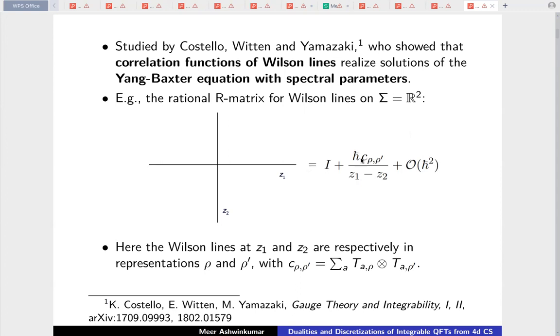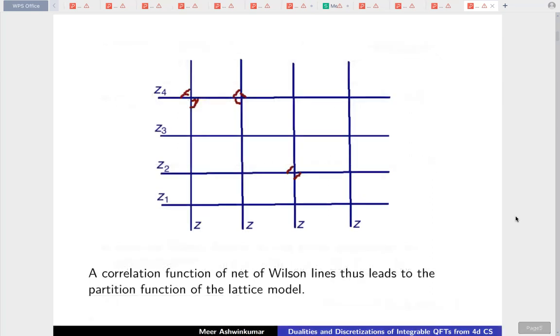In particular, it's a rational function of z1 minus z2. And here you find the tensor Casimir, which is just the sum over the Lie algebra generators in particular representations, rho and rho prime, which are the representations of the Wilson lines given here. So this is a straightforward computation, and in general, you can consider more general configurations in 4D Chern-Simons theory.